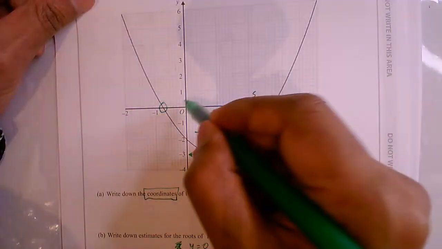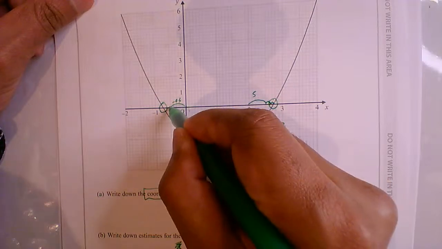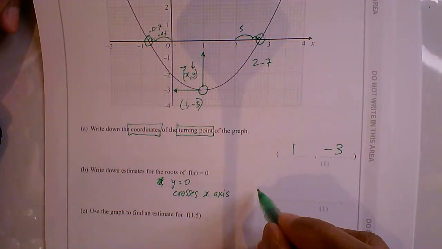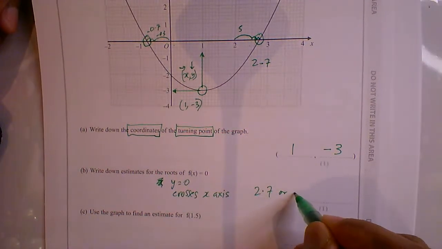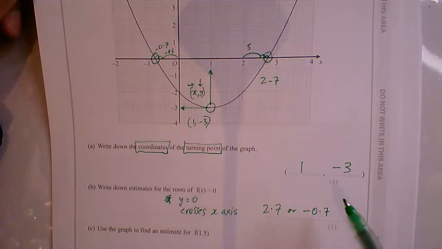And if I look here, I've got minus 5 squares, 0.5, 6, 7, so minus 0.7. I have to write down 2.7 or minus 0.7. Again, nice easy mark there.